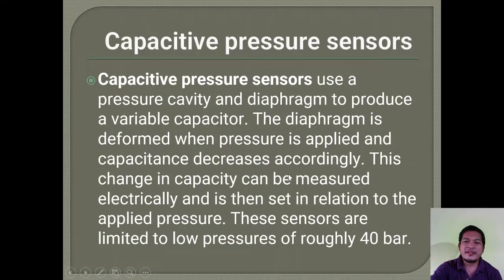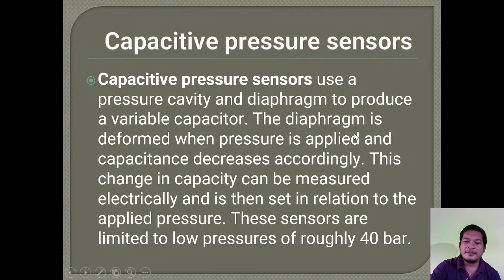Next is the capacitive pressure sensors. Capacitive pressure sensors use a pressure cavity and diaphragm to produce a variable capacitor. So you see variable capacitors, that is, the capacitor changes its value according to the pressure it senses.